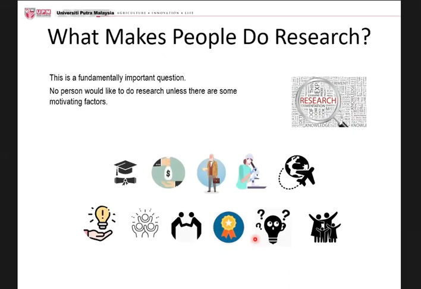So what makes people do research? Fundamentally important questions. No person would like to do research unless there are some motivating factors. Okay, we got some pictures over here. Because of money, because of a good idea, because of your family, because of the degree itself. So you should have some motivating factors when doing research.